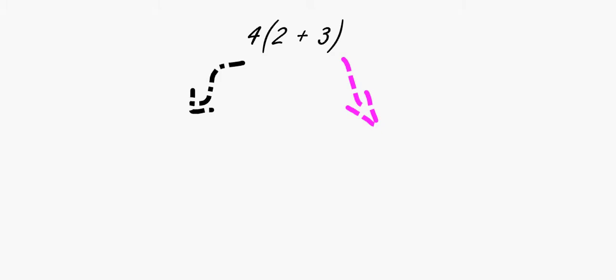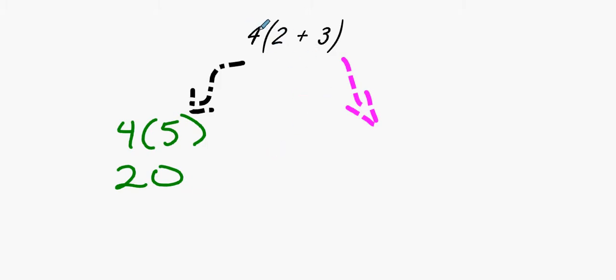To illustrate how this property works, take 4 times 2 plus 3. There's two ways you could attack this, and really the better way is the way you already know. 4 times 2 plus 3 would tell us multiply the outside by first adding inside the symbol of inclusion, giving us 5, to ultimately be 20, right?